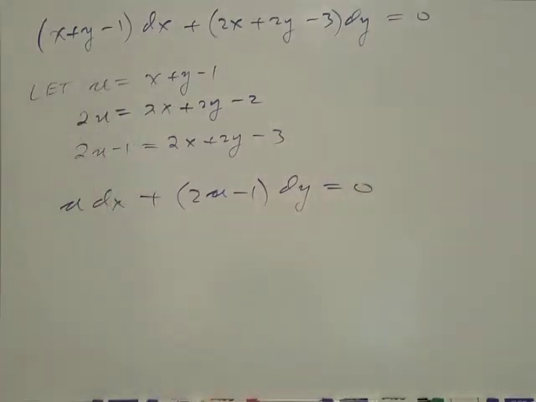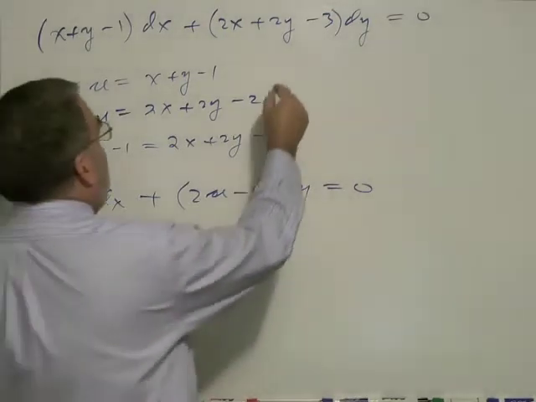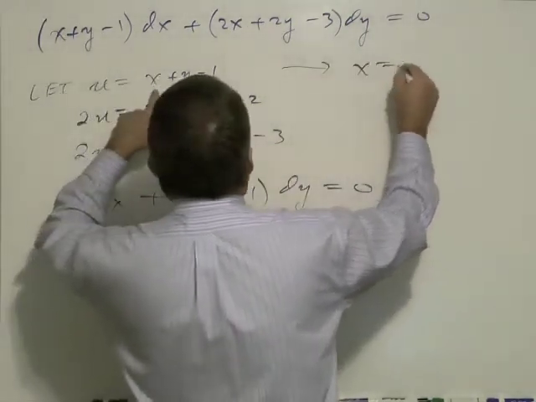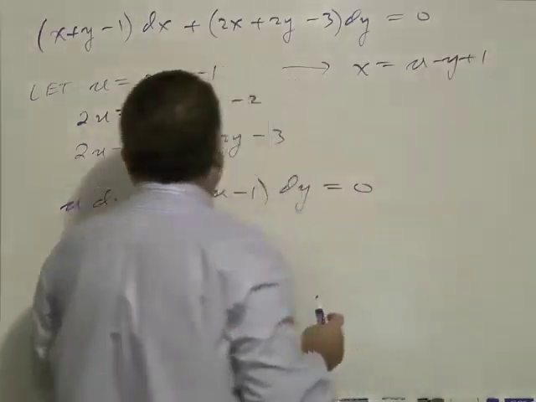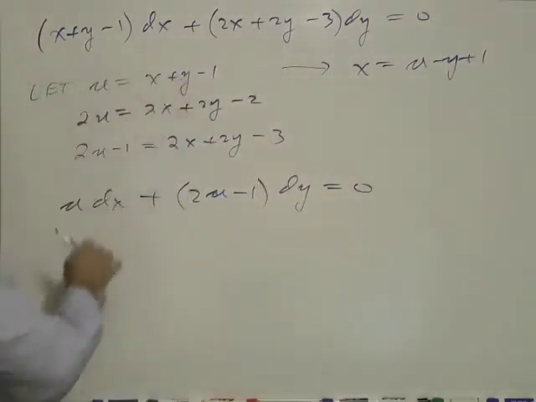We're not out of the woods because now I've got 3 variables here, and that's not too good. So I need to substitute for x and y. It doesn't really matter which; I can substitute for x. Here, x would equal u - y + 1.